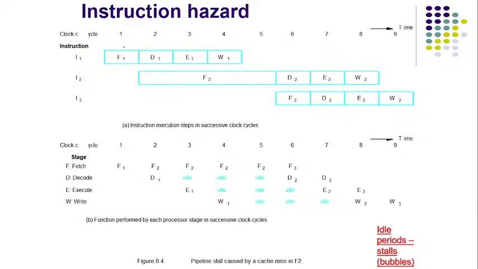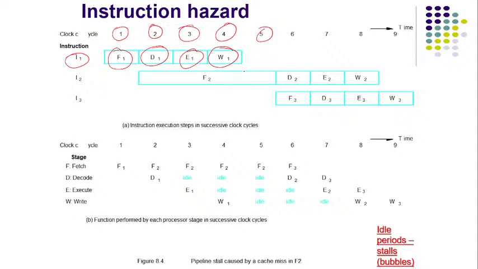Here you can see, I think it is visible to you all. This is the instruction I1. These are the clock cycles, 1 2 3 4 5. Instruction I1 is fetched, decoded, executed, and written back.